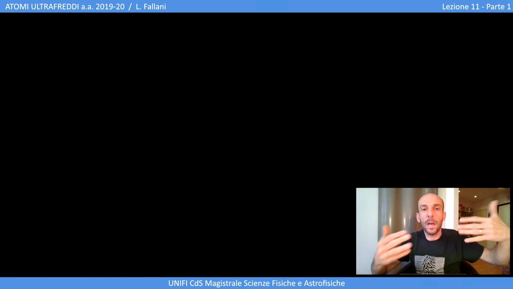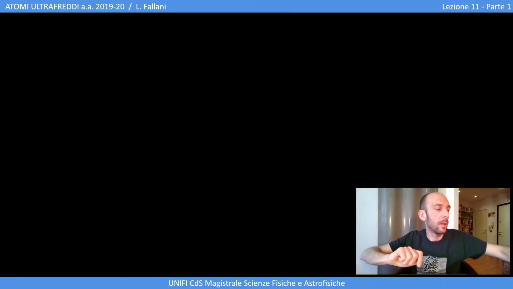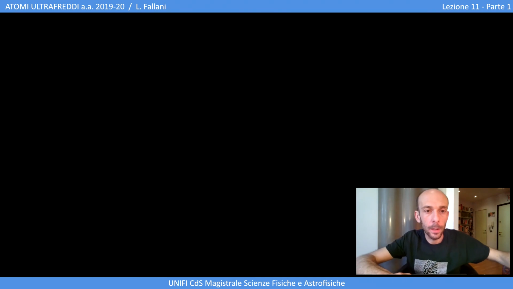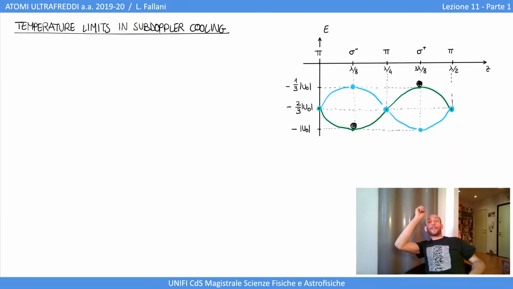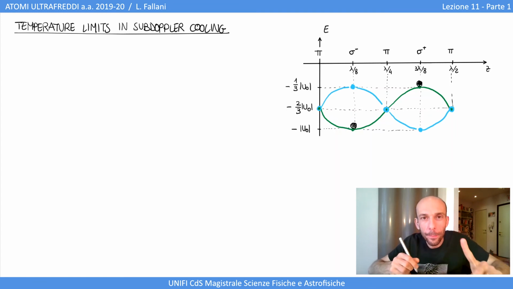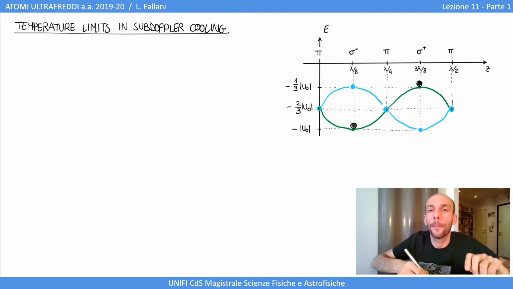In order to do that, let me erase this and take the figure that we used for explaining subdoppler cooling. Let me also remind you what the shape of the force as a function of velocity was in Doppler cooling.